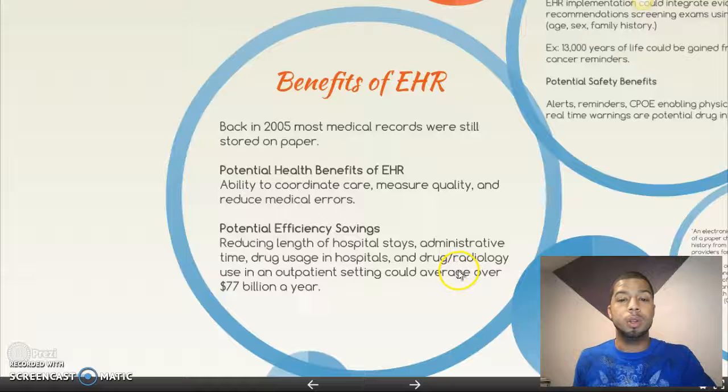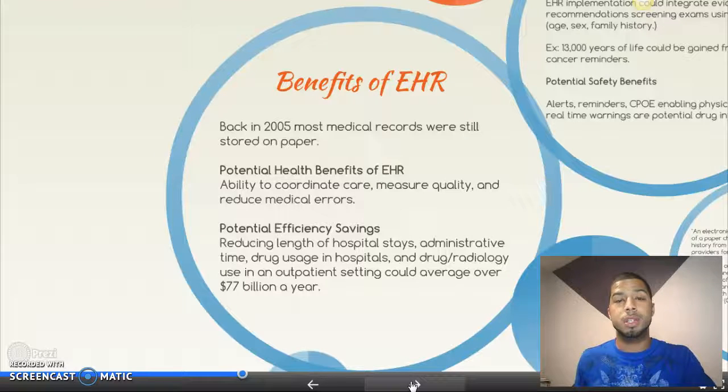So looking into the potential efficiency savings, having EHR has been shown to help in the reduction of hospital stays, as far as the length of the stays. It helps save administrative time in looking up records and pulling different data, and being able to assist the physician in creating the best treatment for the patient's condition.